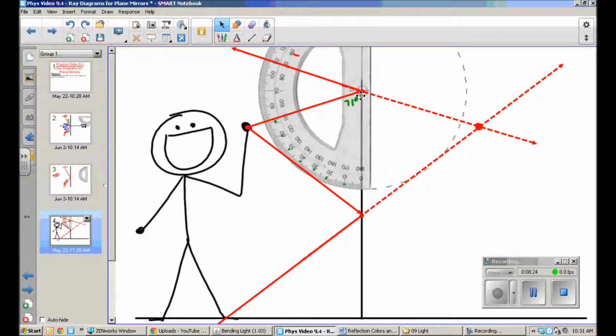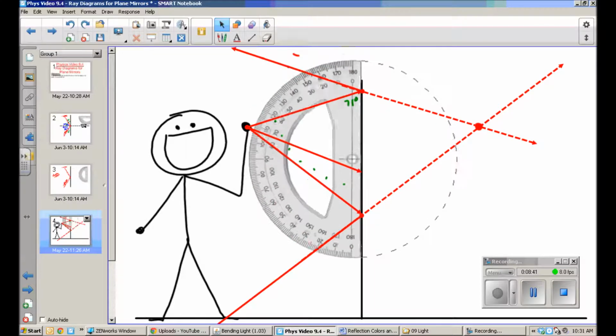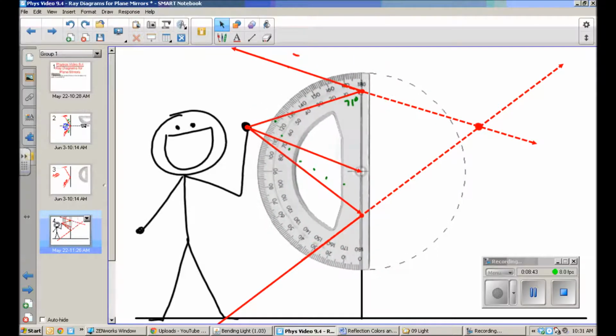Okay, so let's repeat that process now for one last beam. Let's do one that goes like this. It hits the mirror. Bring down the protractor. Let's clean up the stuff from before.